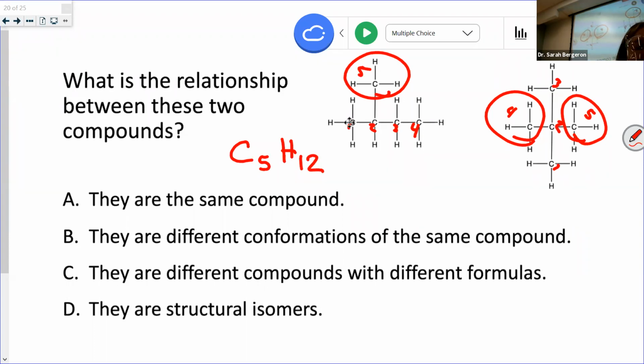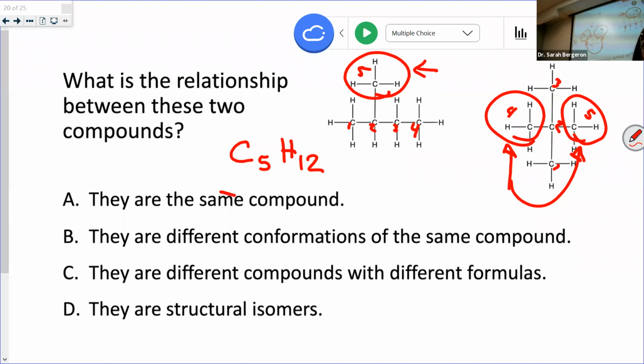Okay, so are they the same compound? If I'm looking at one substituent here and 2 substituents here, can it be the same compound? It's not the same compound, right? If I named it, would I name these two the same? No, I can't, because they have 2 substituents. One has 2 and one has 1, right?